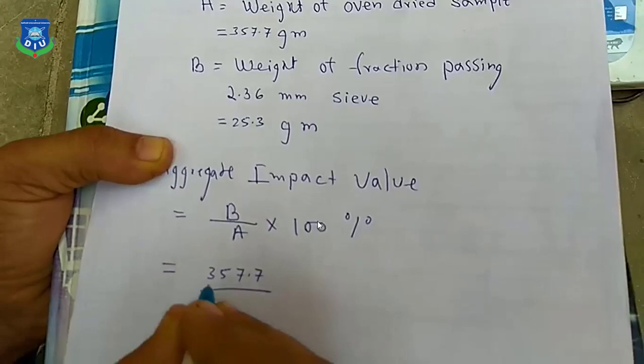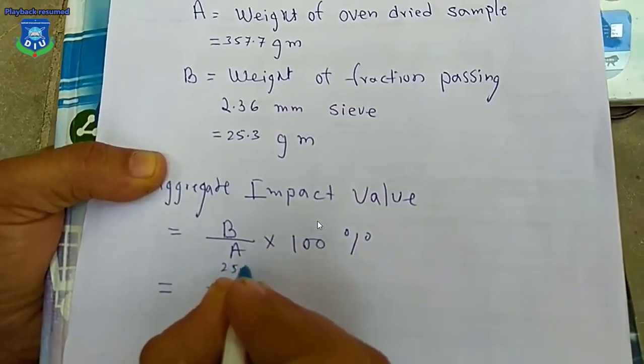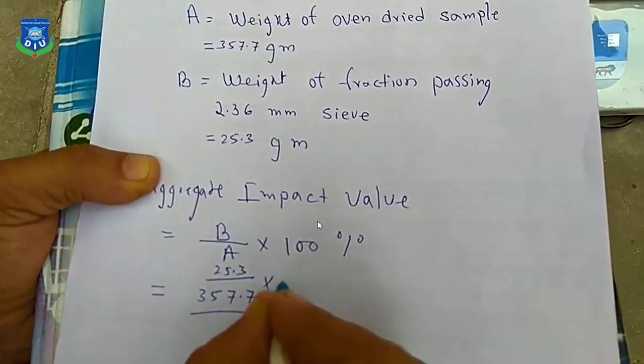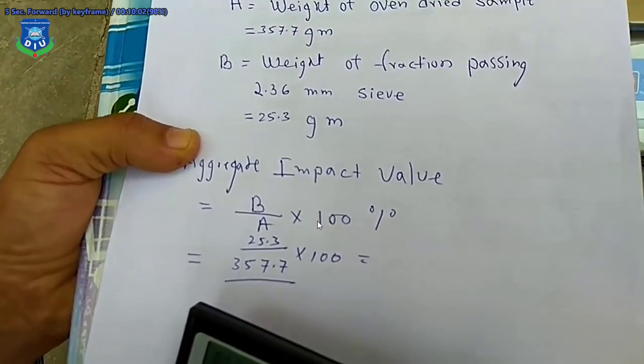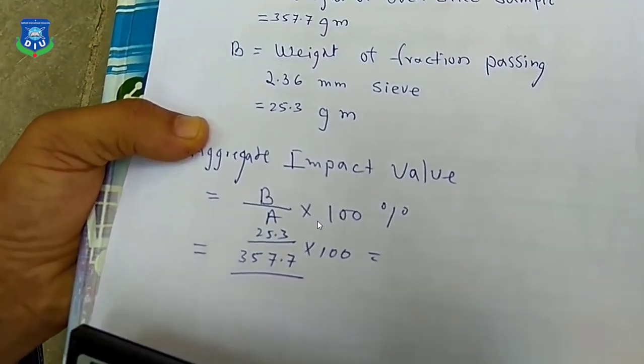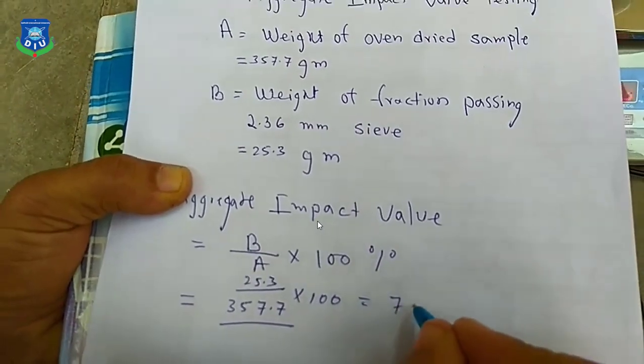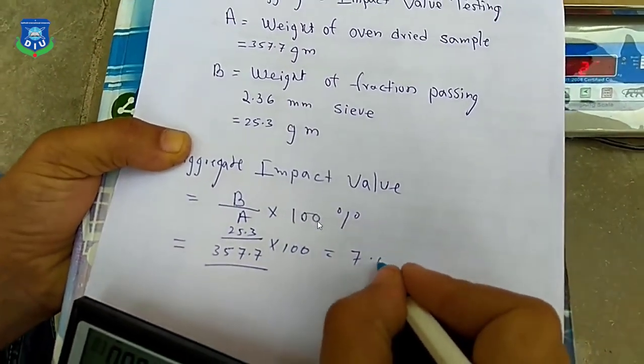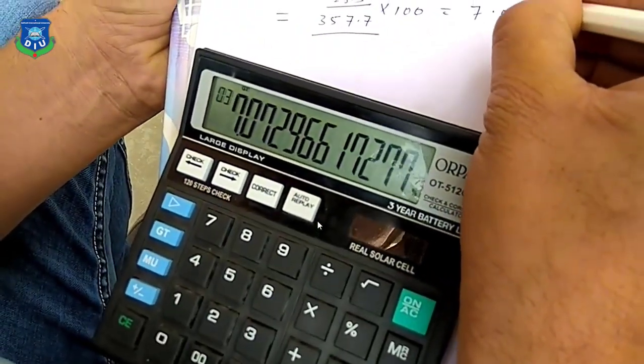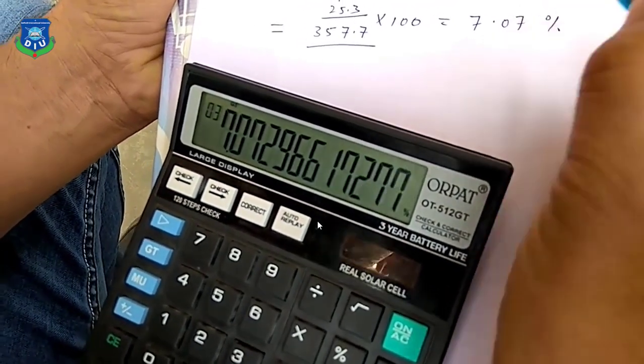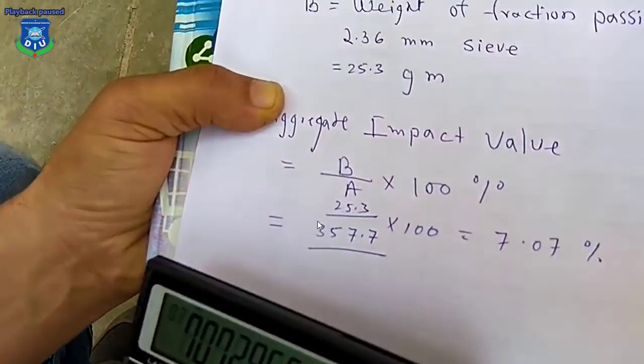So that is 25.3 divided by 357.7 gram. After calculating, we got 7.07%. So that is our aggregate impact value.